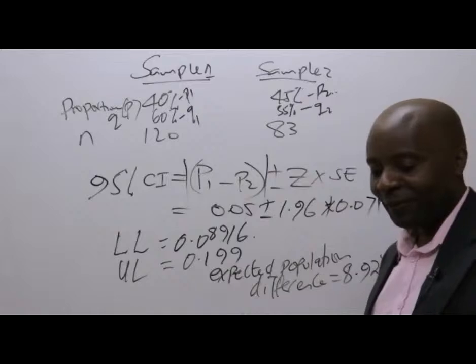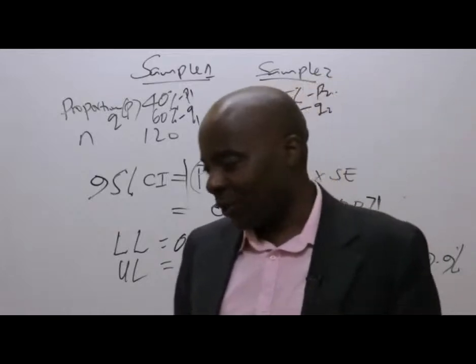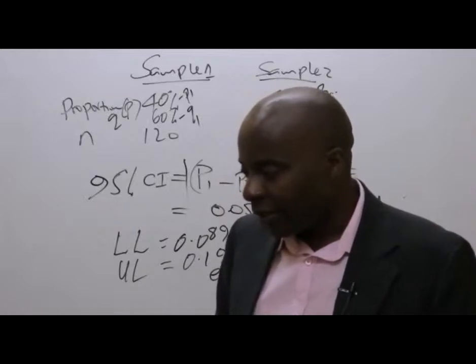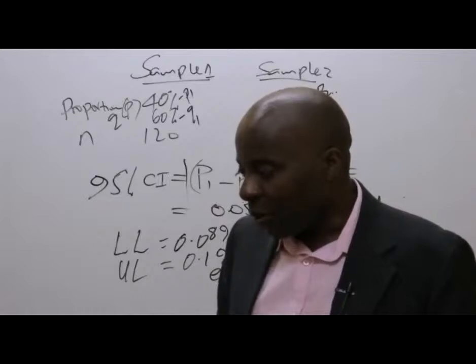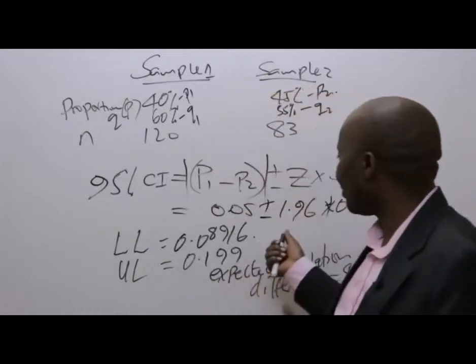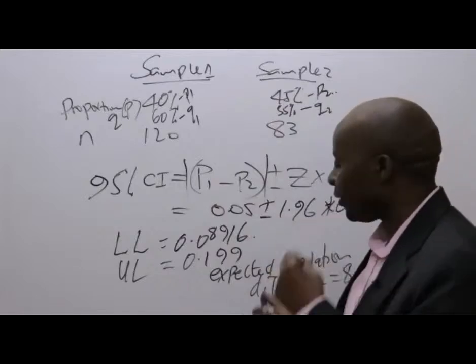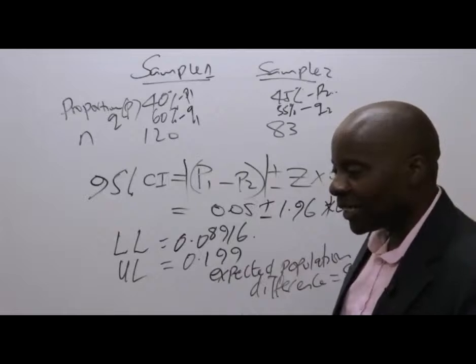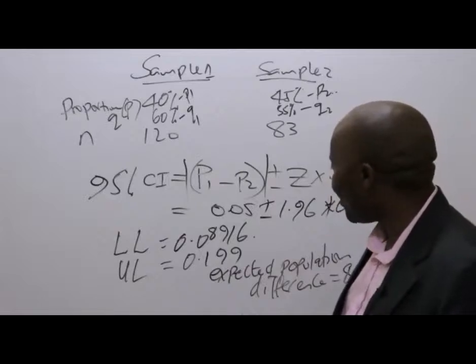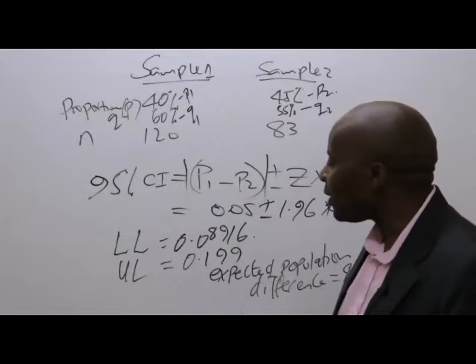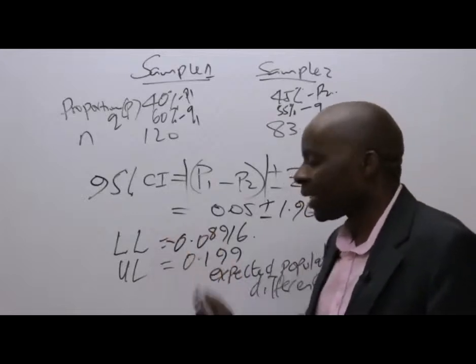Now, ladies and gentlemen, write again another title. No, in the limits, we don't ignore the negative. If, for example, the lower limit here is negative, 0.05 minus 1.96 times 0.071, if it's negative, in the limit, you have to state negative.